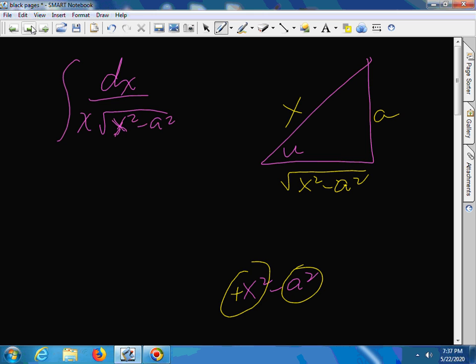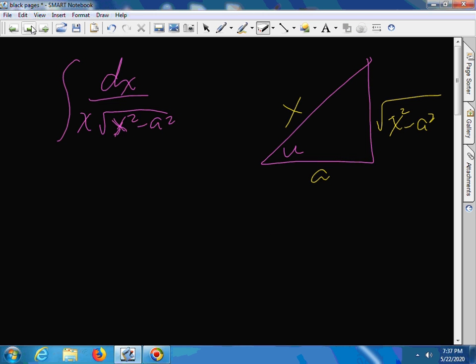Now, just to live up to what books tend to do, it doesn't matter, but how about we put the a down here? So now I want to solve for x. Why? Two reasons. I need to know how to write x in terms of u, and I want dx.